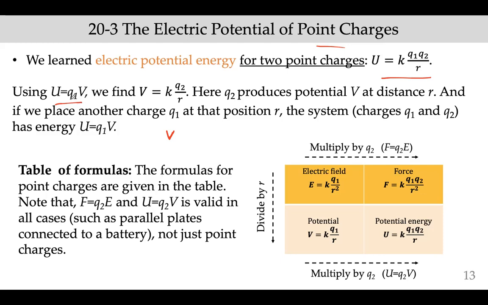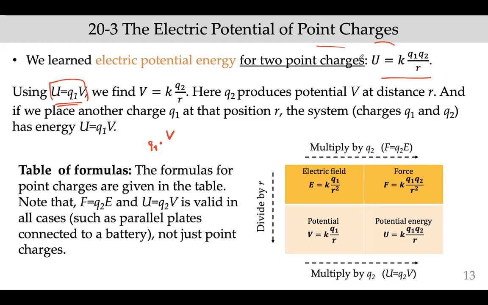Now if you place a charge Q1 within this background potential, the energy of this charge in the background of this potential in this space becomes Q1 times V. So this equation gives you the potential energy.